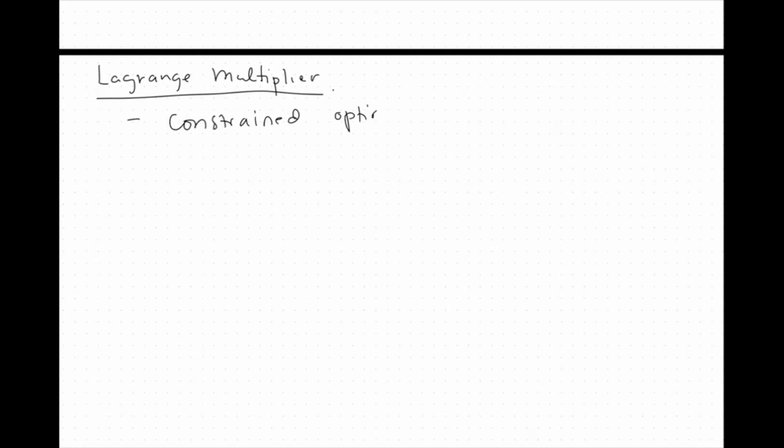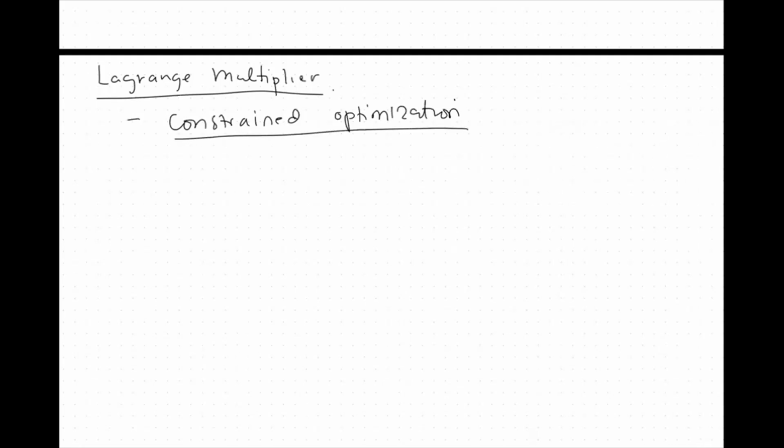All right. Now I'll do the Lagrange. I'll just state the method. I will not be doing the derivation. So here the situation is for constrained optimization.